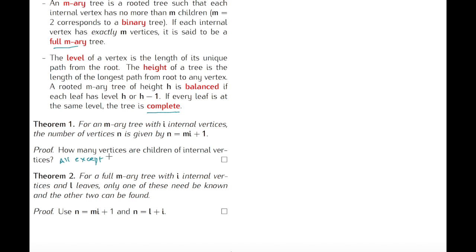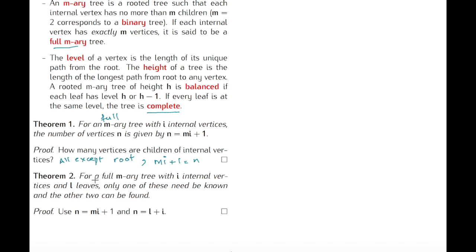How many internal vertices are there? i. And each vertex has m children; it should be a full m-ary tree, I would say. So this means m times i total children plus the root. So m i plus 1 is the total number of vertices.